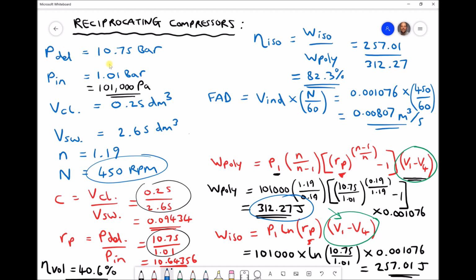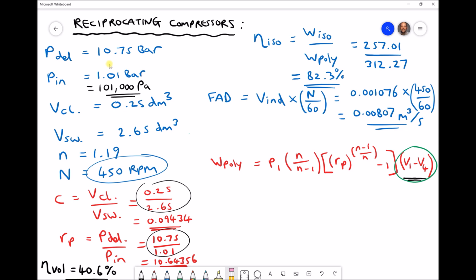So if we want to calculate our polytropic power then we can use our work done per cycle as a starting point. Let's clear some space and then we'll look at how we can modify that formula. Okay, so instead of calculating the work done per cycle, we're going to calculate the power. And it's the polytropic power. Our inlet pressure remains the same, as do our polytropic index and our compression ratio.